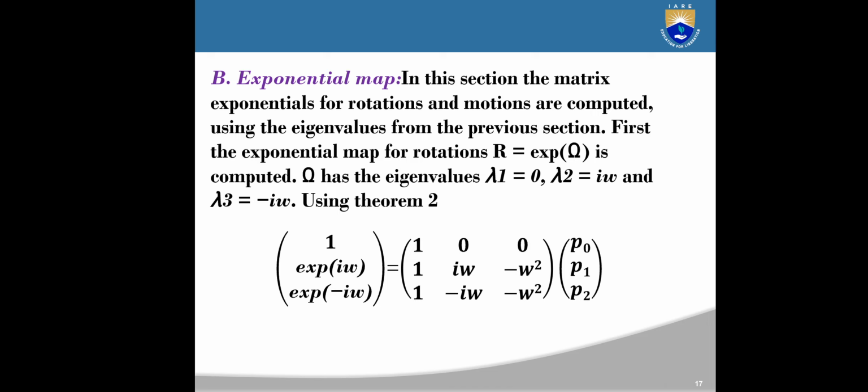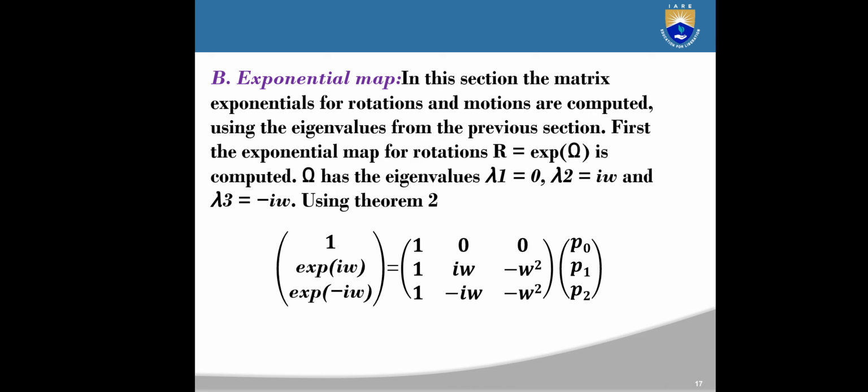In this section, exponentials for rotations and motions are computed using the eigenvalues from the previous section. First, the exponential map for rotations R is equal to exponential of omega is computed. Omega has eigenvalues lambda 1 is equal to 0, lambda 2 is equal to I omega and lambda 3 is equal to minus I omega.